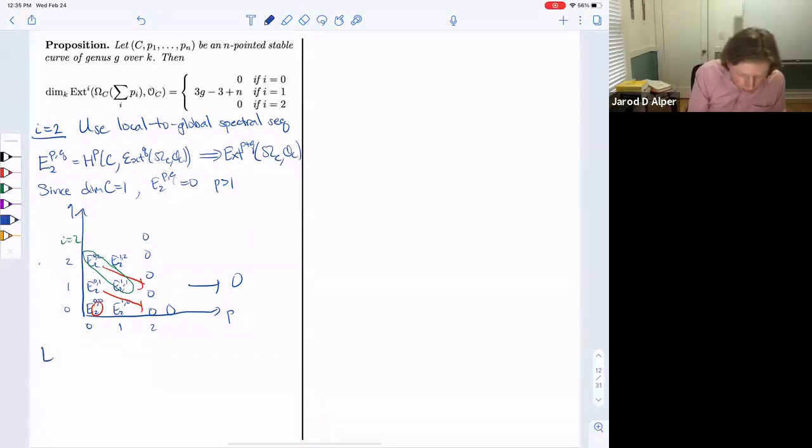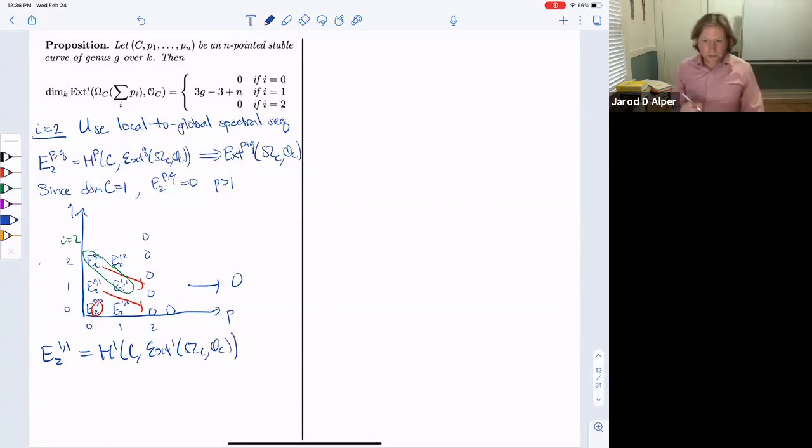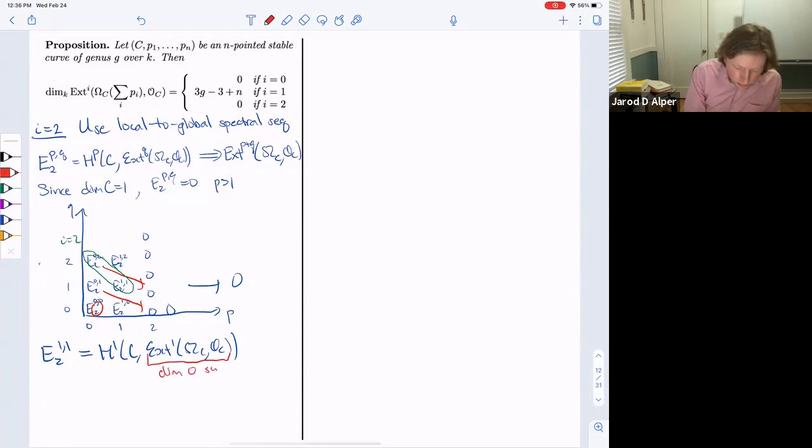Let's first look at E2^(1,1). That's H1 of C of the sheaf Ext1 of omega C, O C. And I actually claim that this thing has dimension 0 support. Because first of all, omega C is a line bundle away from the nodes.